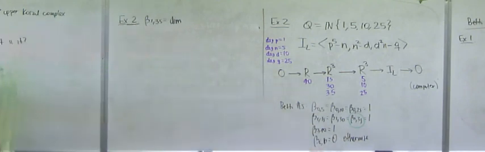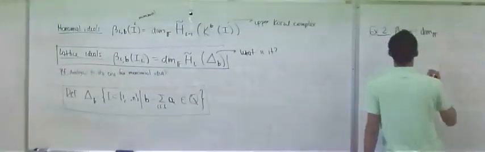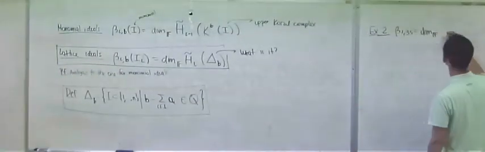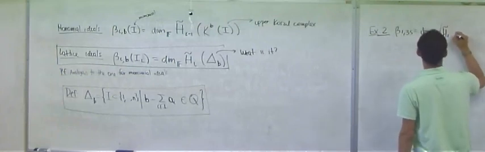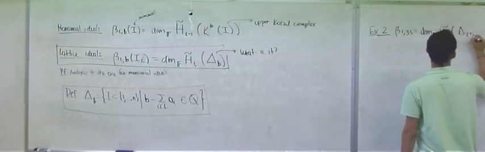So I switched. I've always used F in this class. I don't know if you guys have gotten annoyed that the book always uses K and I always use F. But I started with F and I didn't want to change. So according to this should be the dimension of the first homology of delta sub 35.